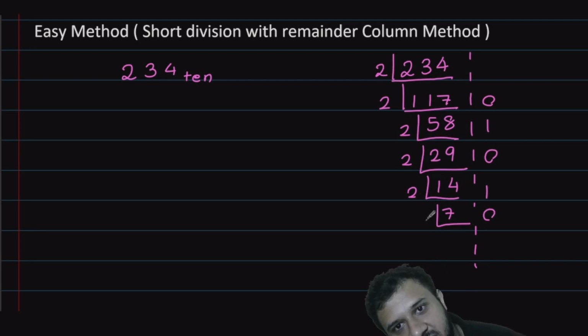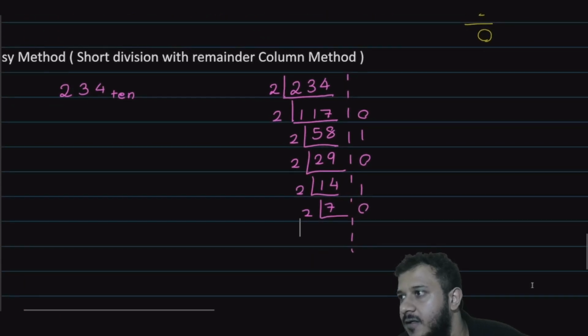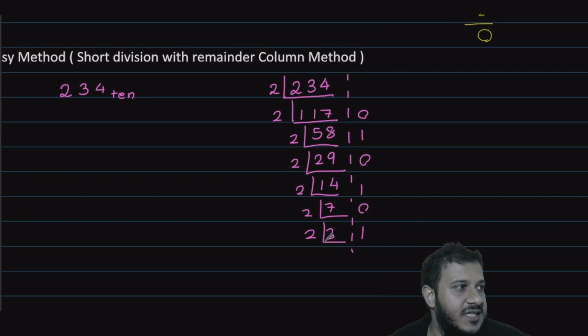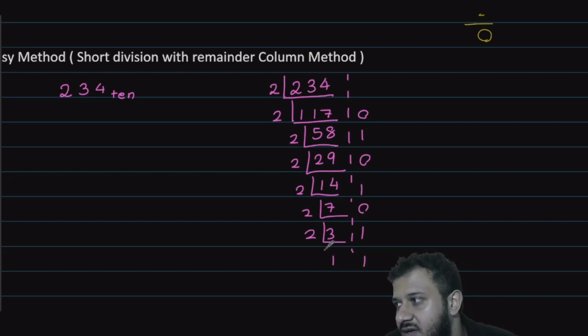Remainder 0. 7 divided by 2. 3. Remainder 1. Then 3 divided by 2. 1 remainder 1. Then 1 divided by 2. 0 remainder 1.